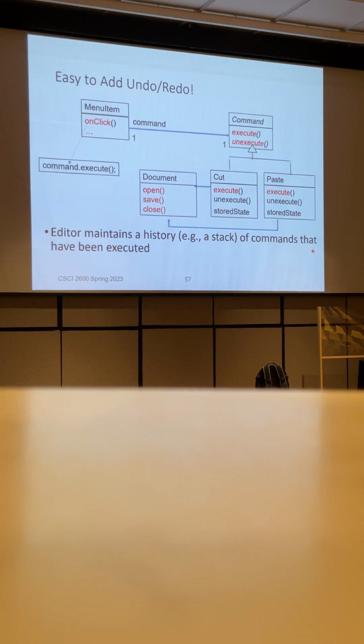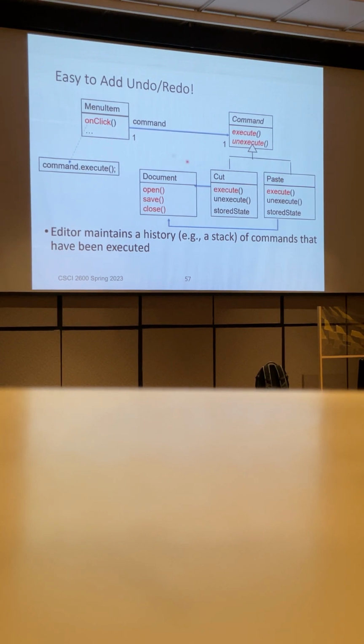Given that, of course, it would be easy to support undo and redo. For example, the command would now support two methods, execute and unexecute or undo. Each command we would only implement once: what it means to execute cut, what it means to undo cut, and the same for paste.